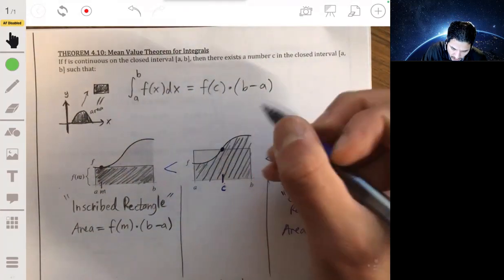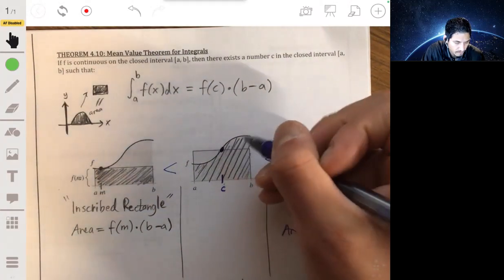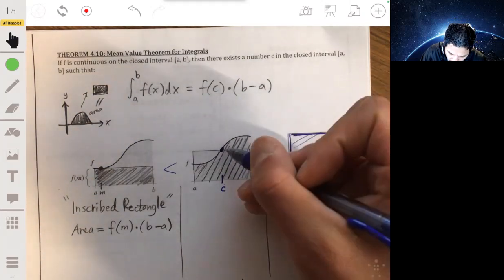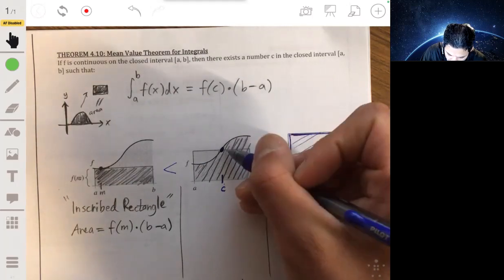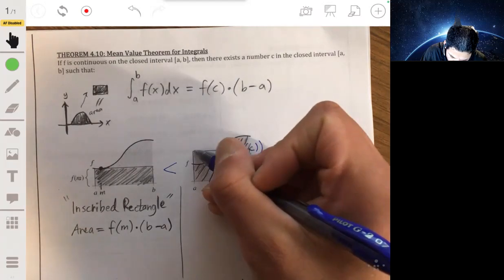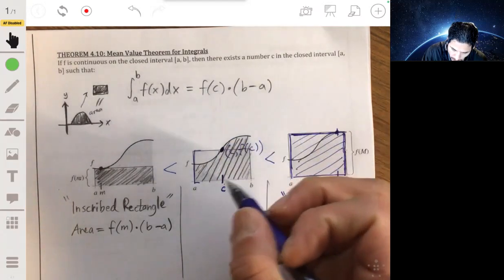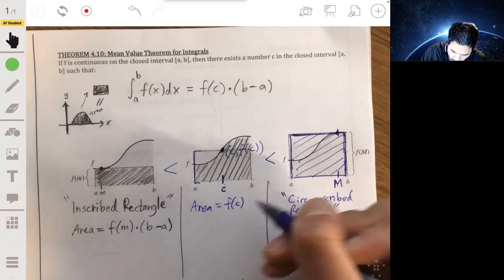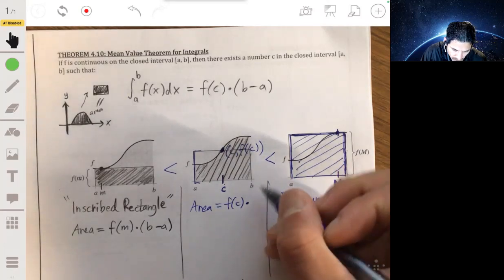So this would be c, f of c. The height of this rectangle is f of c, while the width is still b minus a.